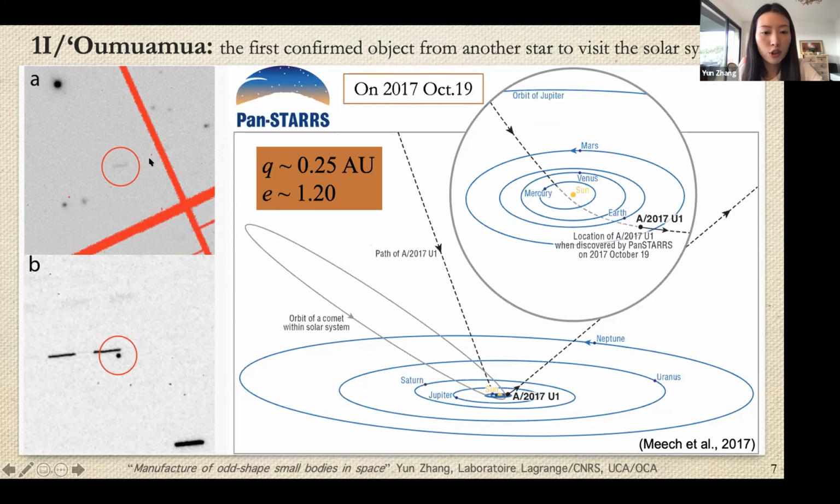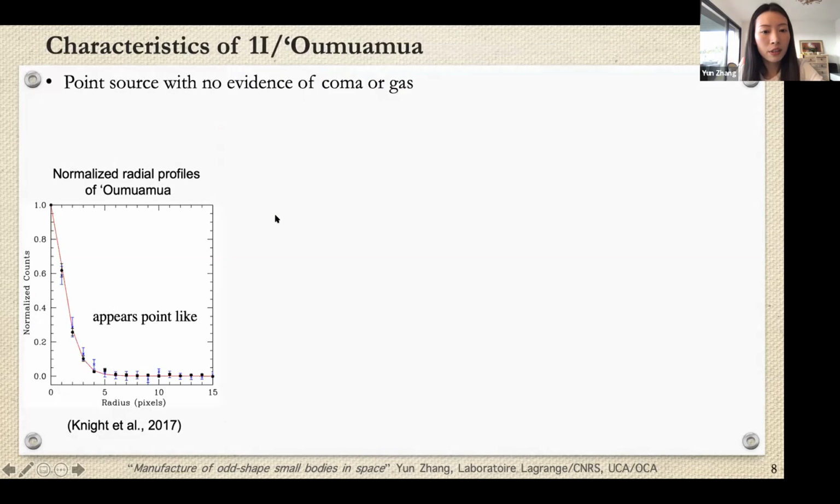The image here shows its point-like appearance without any detectable cometary activity, which means it's an asteroid-like body rather than a comet. Since the discovery, more and more observers joined the observational campaigns and confirmed that Oumuamua exhibits no evidence of cometary activity, supporting its identification as an asteroid.